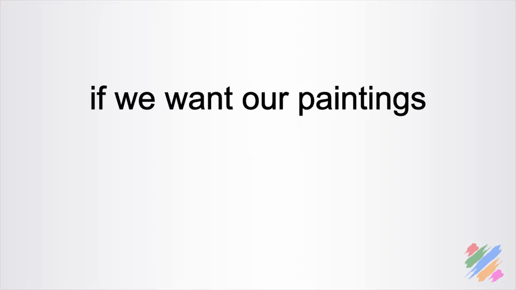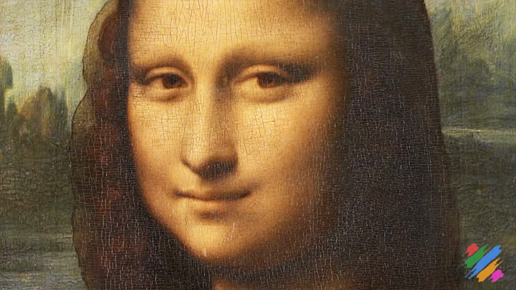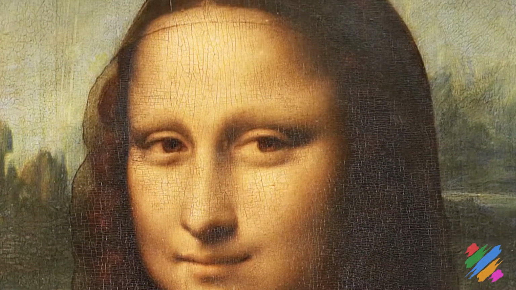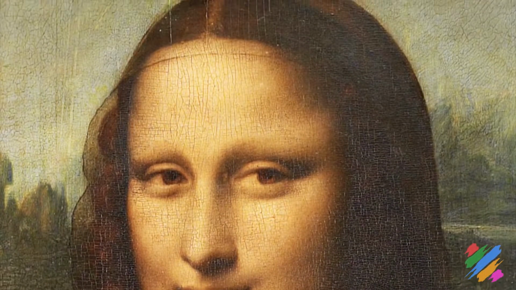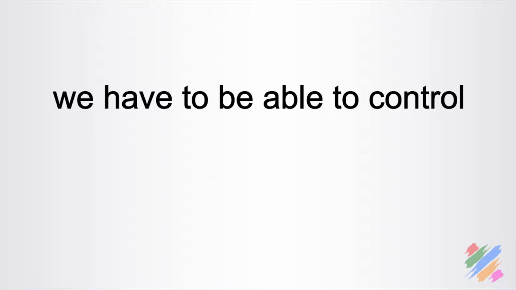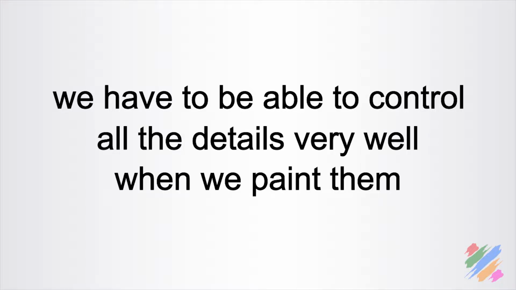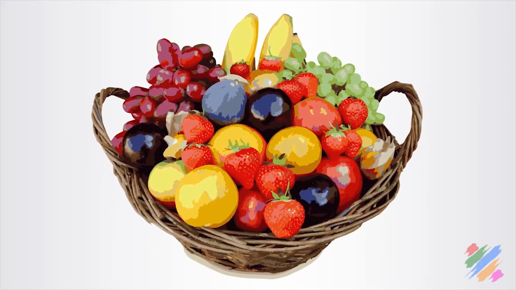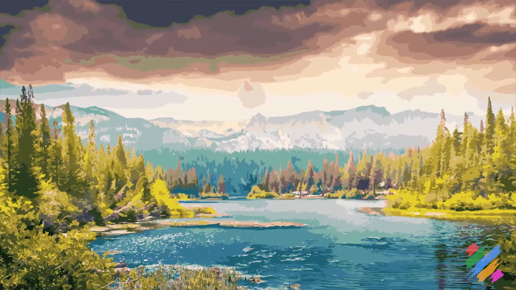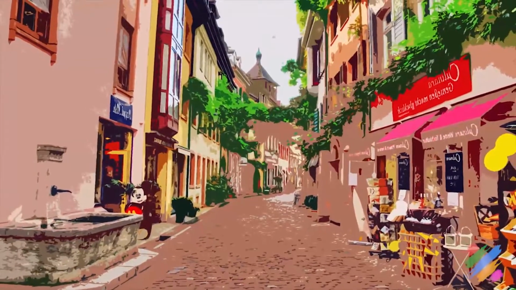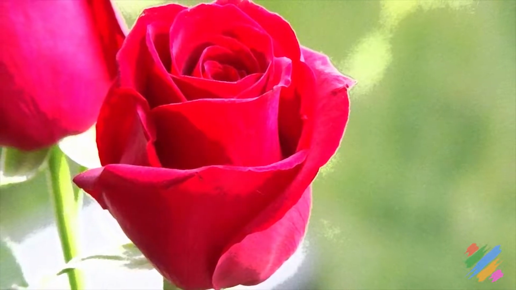If we want our paintings to look realistic, in case of subjects that our brain is very well trained to recognize and on which we have memories, we have to be able to control all the details very well when we paint them. While in the case of subjects that our brain isn't able to recognize easily, we are allowed to make some changes.